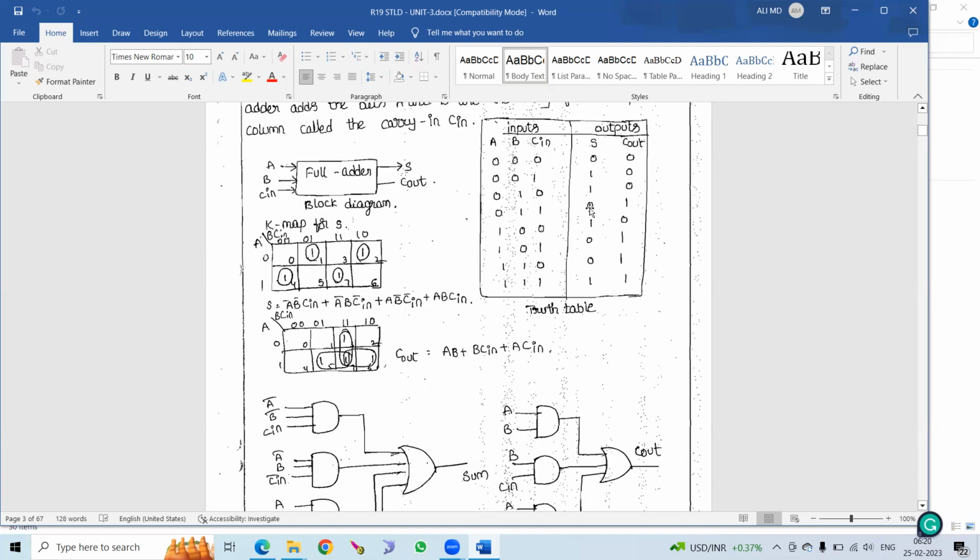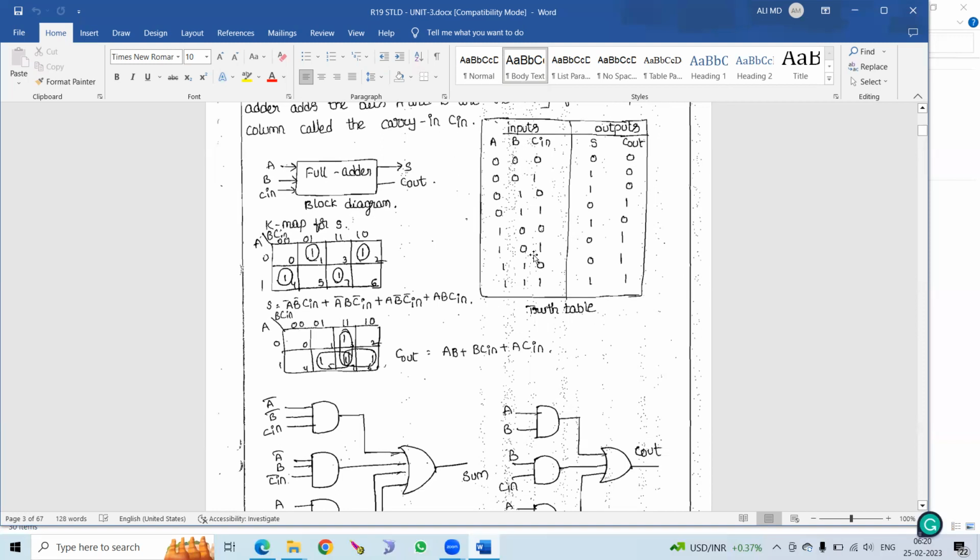For 1, 0, 0, sum is 1, there is no carry. For 1, 0, 1, sum is 0, where carry is 1. For 1, 1, 0, sum is 0 and carry is 1. Triple 1 will be sum equal to 1, carry 1. It is the truth table for a full adder circuit.